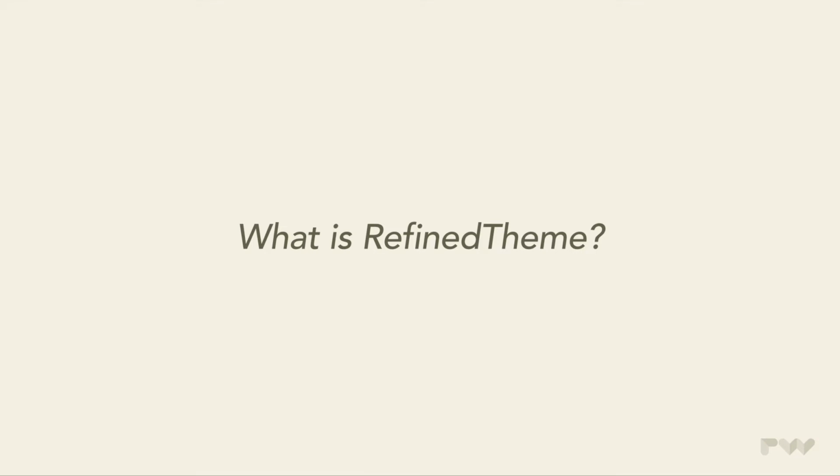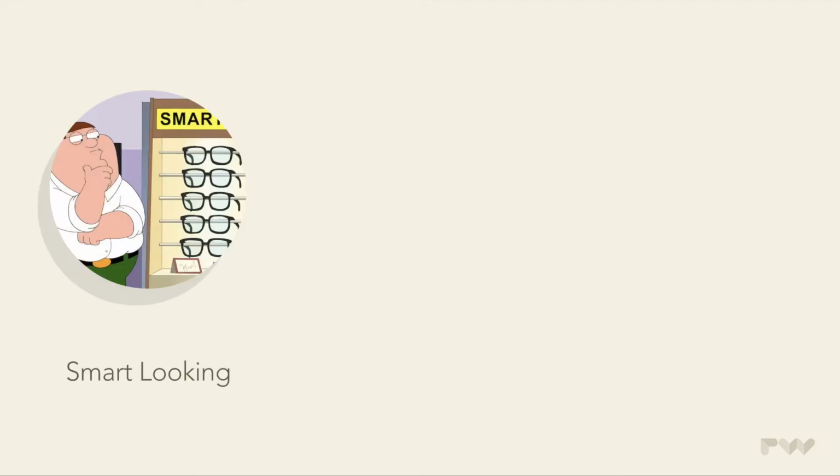So what is RefinedTheme and why should you care? RefinedTheme is a theming add-on that makes your Confluence look a bit smarter. It adds some branding capabilities and it allows you to move stuff around. So it can make your Confluence instance a bit nicer on the eye.